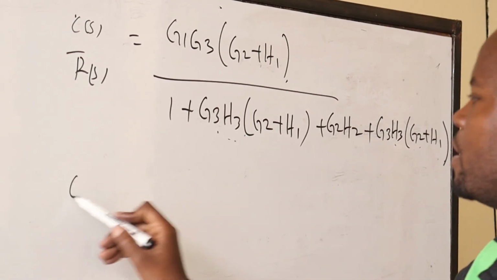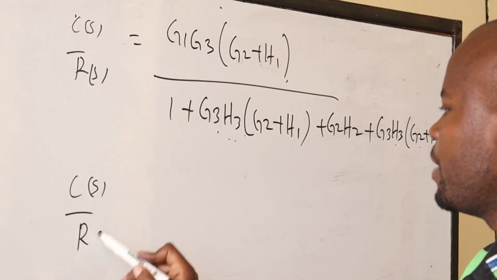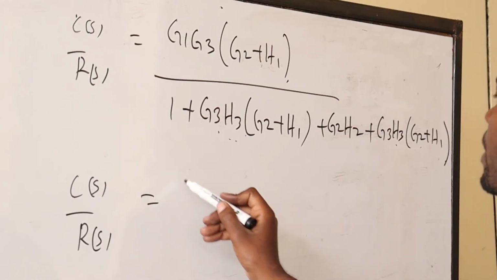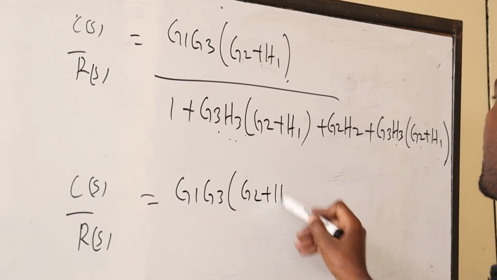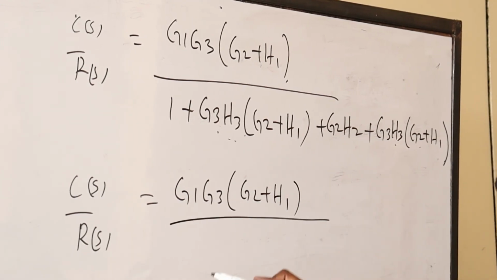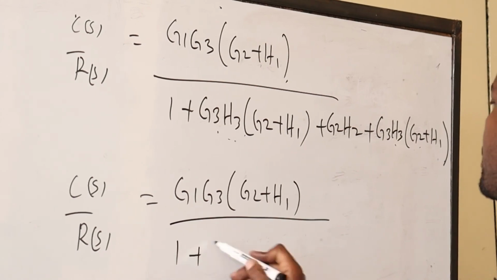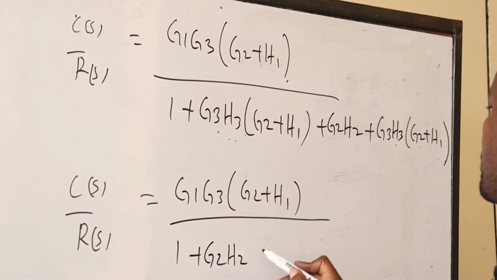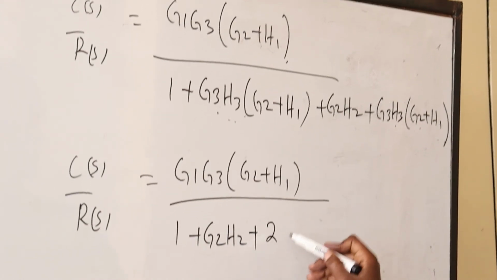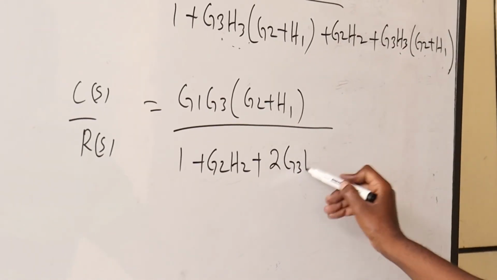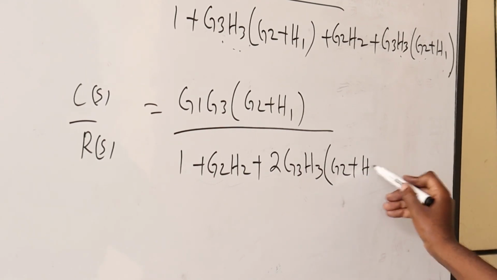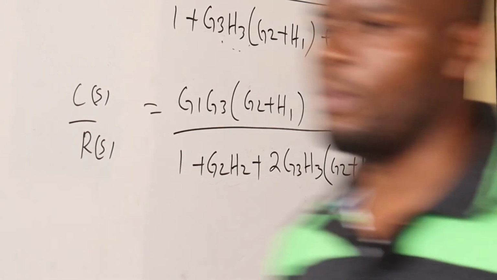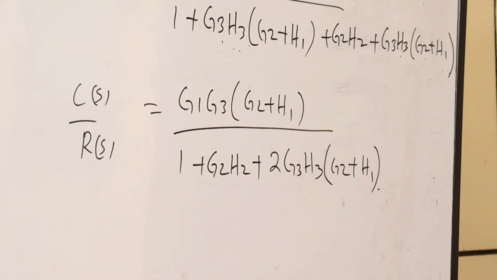So you can simply say that C of S over R of S is G1 G3 into G2 plus H1 all over 1 plus G2 H2 plus 2 G3 H3 into G2 plus H1. So that is now the overall transfer function.